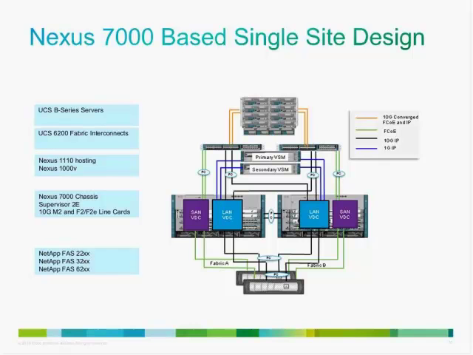So all the basic configuration, the way you configure your NetApp filers and the 7000, stays the same. But you make sure that the components which need to be extended or added are added to this design.